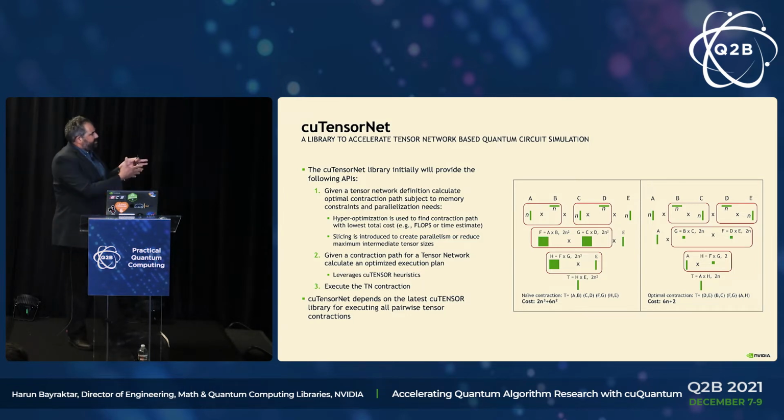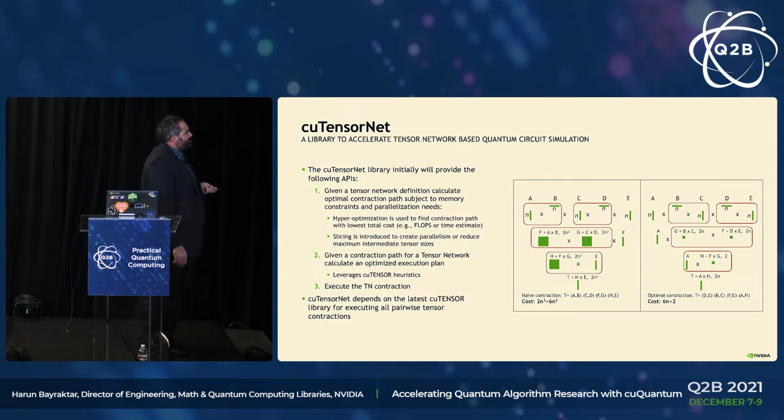So this library, as stated, will accelerate tensor network-based quantum circuit simulations. It actually has no notion of what it's doing. It looks at tensor networks as generic tensor networks. It's just a bunch of n-dimensional algebra objects that need to get multiplied together. The example on the right-hand side shows you can do that in a naive way, or you can be really smart about it.